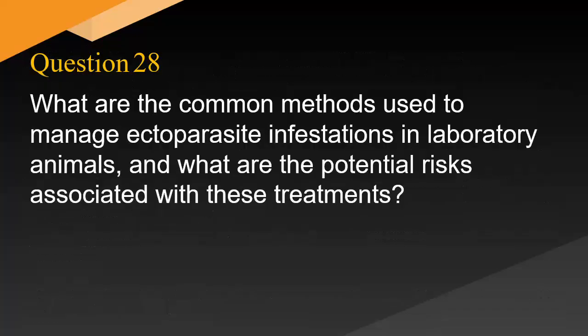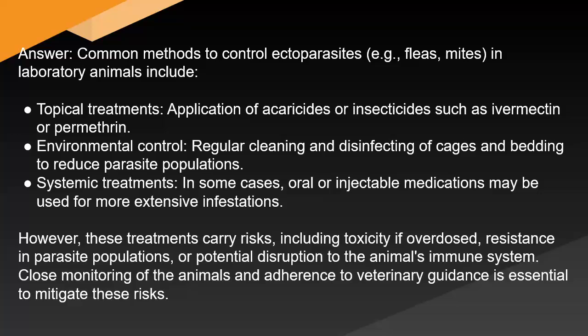What are the common methods used to manage ectoparasite infestations in laboratory animals, and what are the potential risks associated with these treatments? Answer: common methods to control ectoparasites, e.g. fleas, mites, in laboratory animals include topical treatments, application of acaricides or insecticides such as ivermectin or permethrin, environmental control, regular cleaning and disinfecting of cages and bedding to reduce parasite populations, systemic treatments.